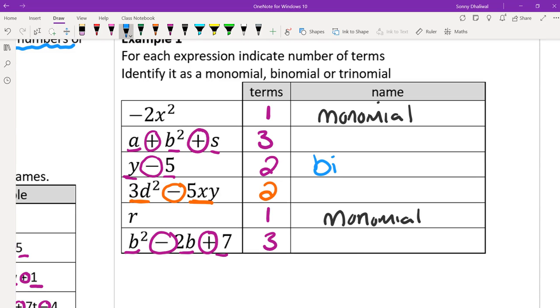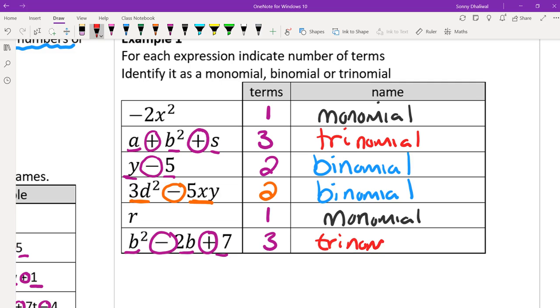Two terms, binomial. And three terms is trinomial. Are those A's or is it O's? Which ones? Is it binomial or binomial?